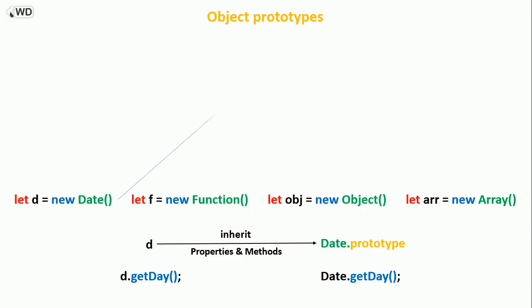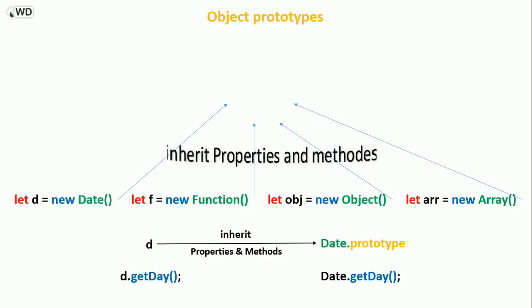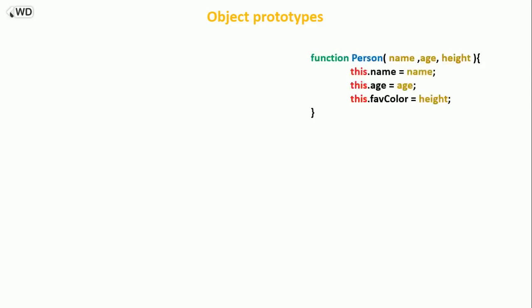Now the Date, the Function, and Object and Array objects all inherit the properties and the methods from the Object.prototype. When we create an object constructor function, for example Person, it gets three parameters.